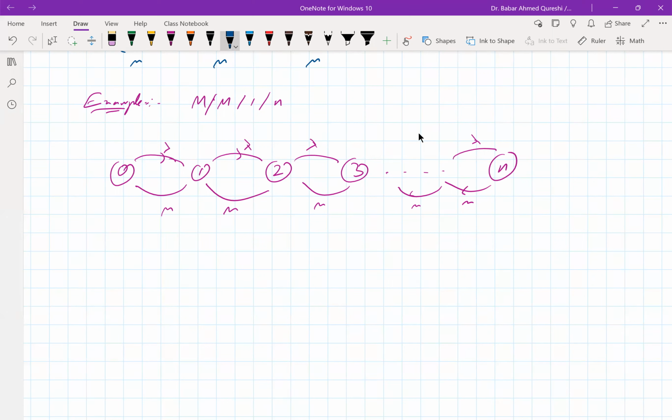Or for example, you can change the number of servers. What if you have, for example, 2 servers? What happens then? These are lambda.